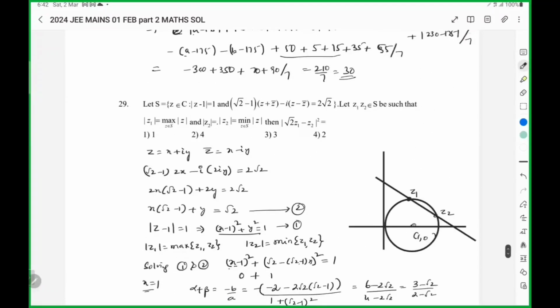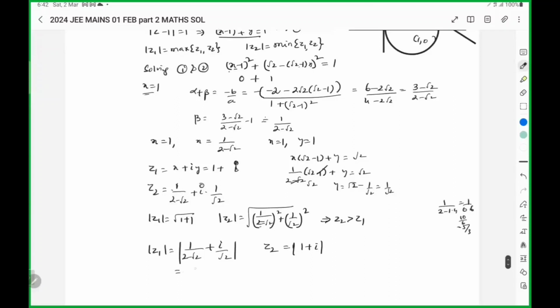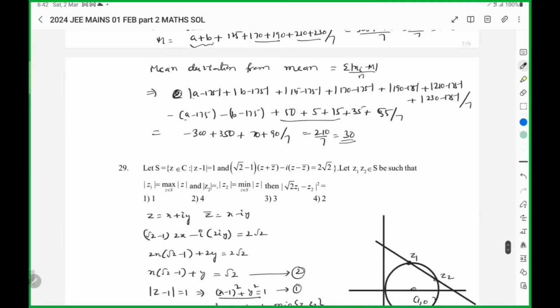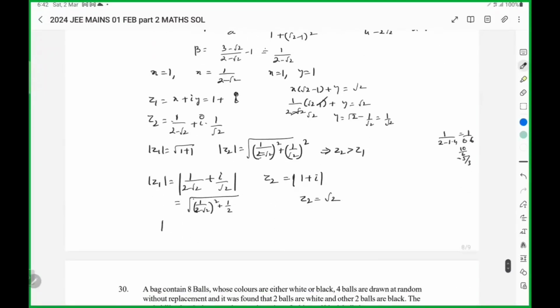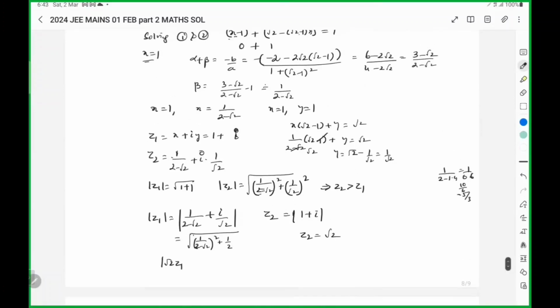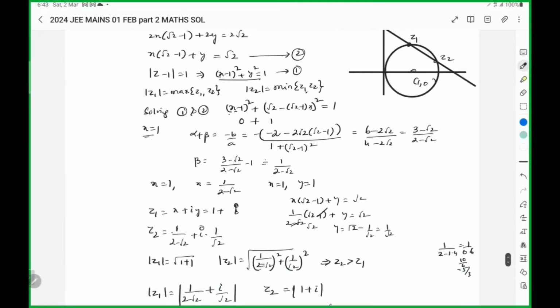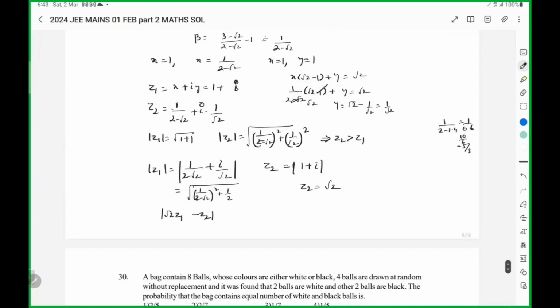What he is asking, okay, let us find the magnitudes. Of (1/(2 − √2)) whole square plus half. So Z2 will be √2. He is asking |Z1 − Z2| whole square.